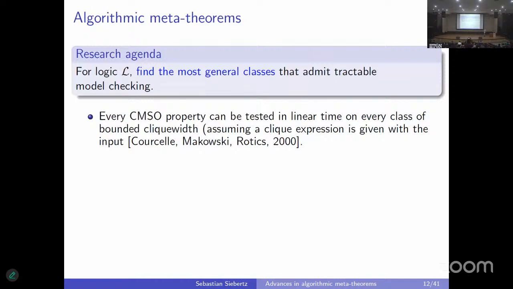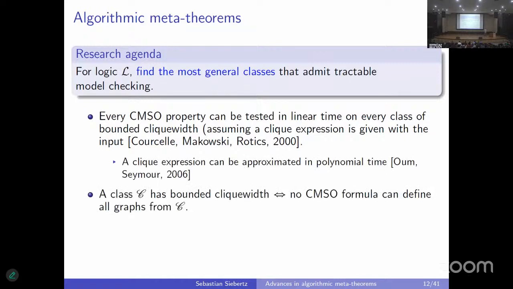We have the theorem of Courcelle, Makowsky and Rotics saying that there we can still do efficient model checking. So with clique-width graphs, we have a tree-like structure, but a dense analog of tree-width. And these expressions can be approximated quickly, so we can actually do model checking. And it turns out that clique-width is again something special.